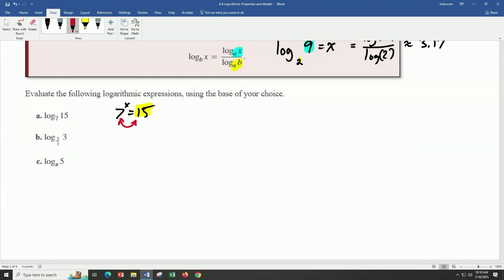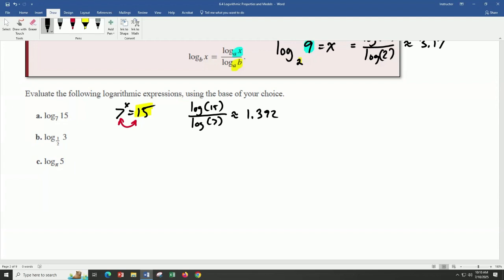So to find my decimal version of this, all I have to do is take the log of 15 and divide it by the log of 7. And when you do that, very simply putting that into your calculator, we'll round to 3 decimal places. We're going to get 1.392.